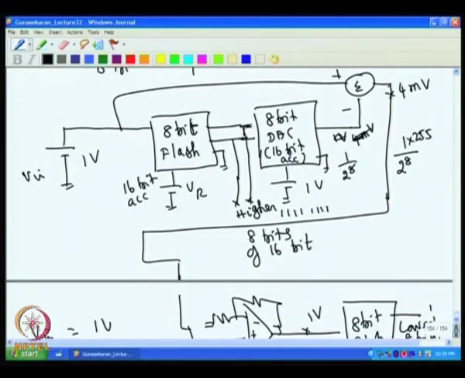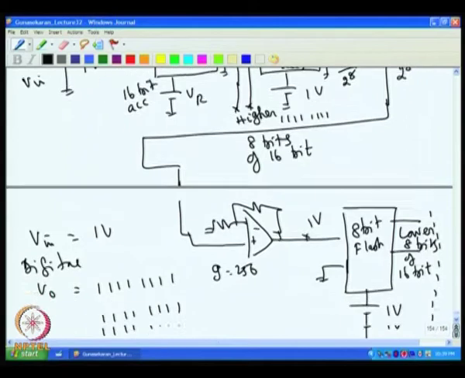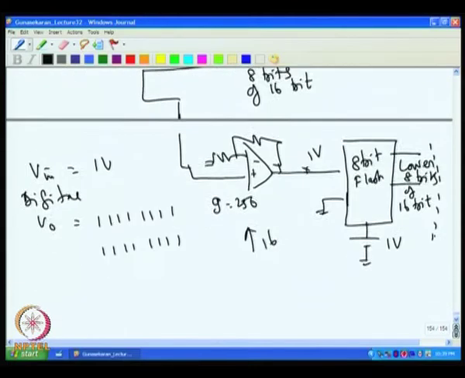Of course, the conversion has to be done in 2 stages, and the amplifier has to be made. For example, if I want 12 bit accuracy, then I can have a gain of 16 here, and then I can put a 4 bit converter here, and again that 4 bit will give me 111.